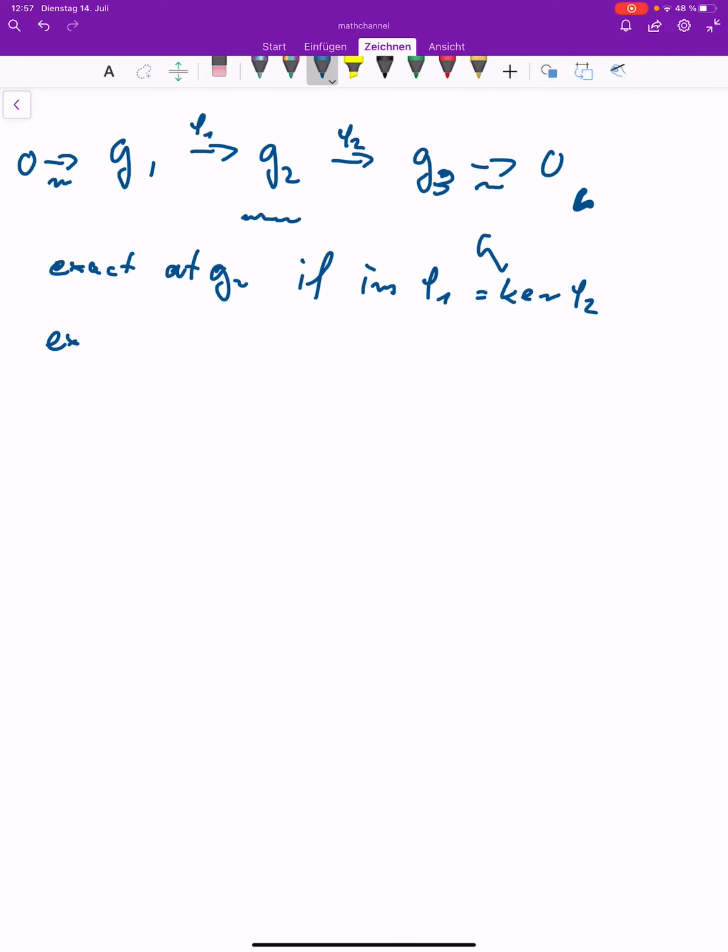And the sequence is called exact if it is exact at every point. Point, of course, in this case means at every group here in our sequence.